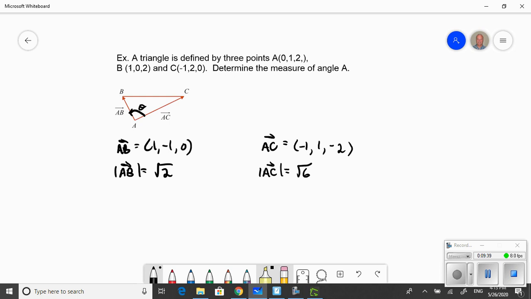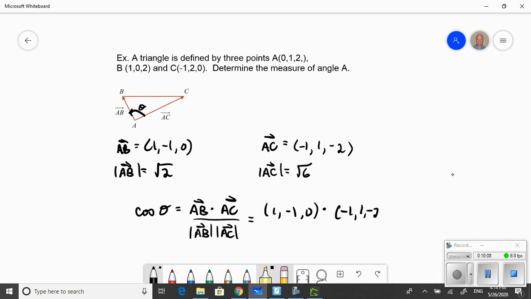Okay, let's do our dot product. Let's write it like this. This will be AB dot AC divided by magnitude of AB, magnitude of AC. So I've got my two vectors, that's 1, 0, -1, I'm going to dot that with -1, 1, and -2, and then divide that by √2 times √6.